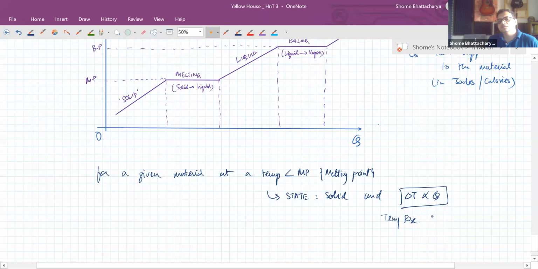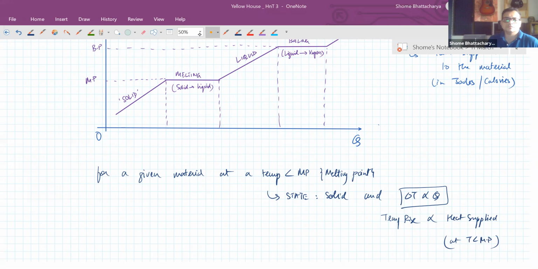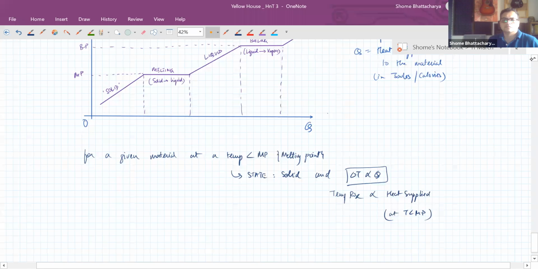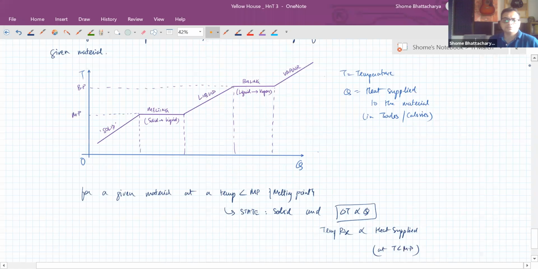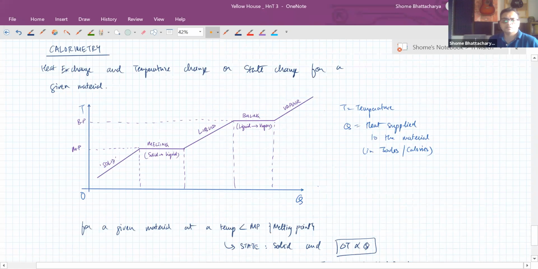Temperature rise is directly proportional to heat supplied, as long as we are talking about a temperature less than the melting point.